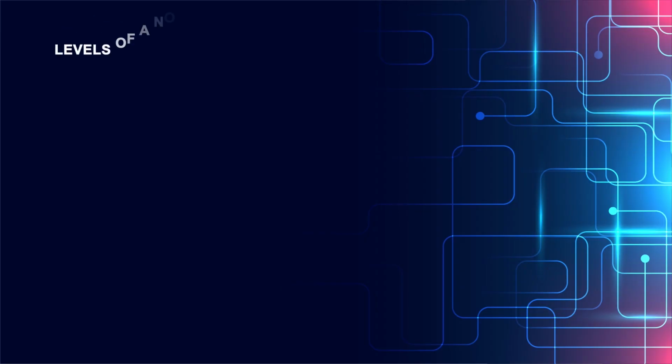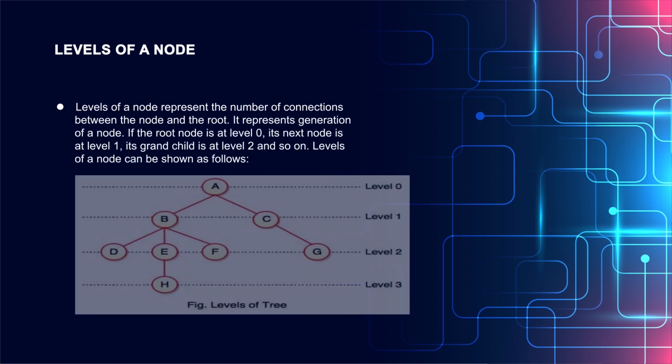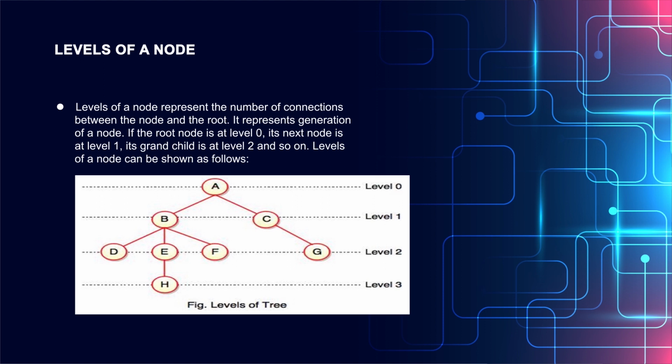Here we discuss the level of nodes. Level of a node represents the number of connections between the node and the root. It represents the generation of a node. If the root node is at level 0, its next node is at level 1, its grandchild is at level 2, and so on.